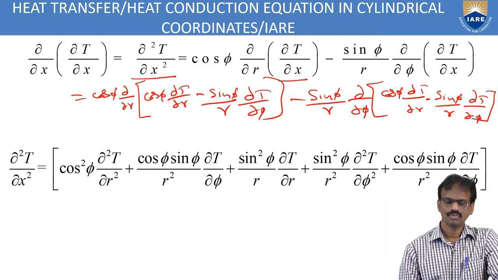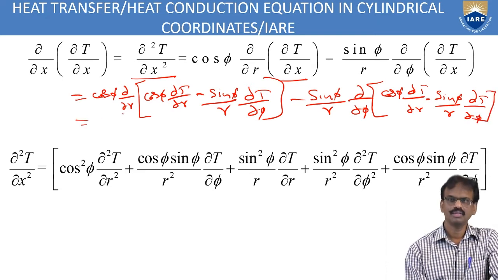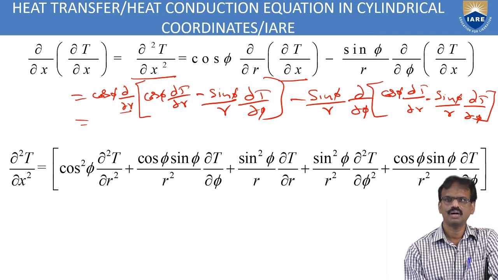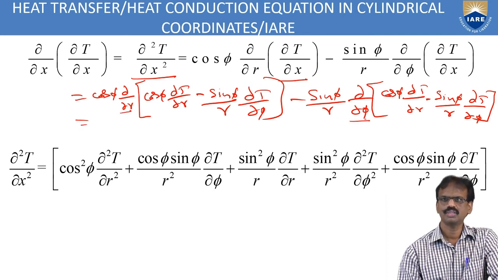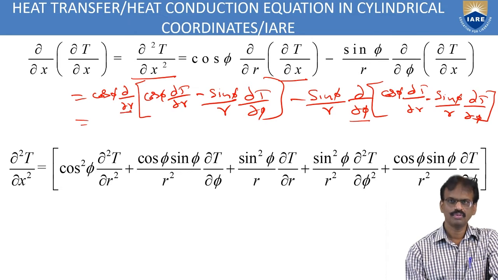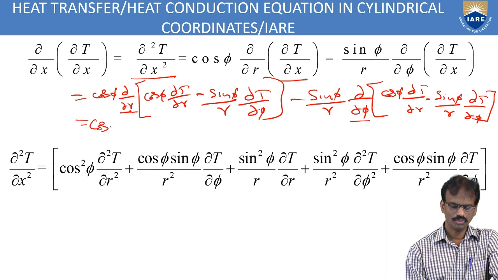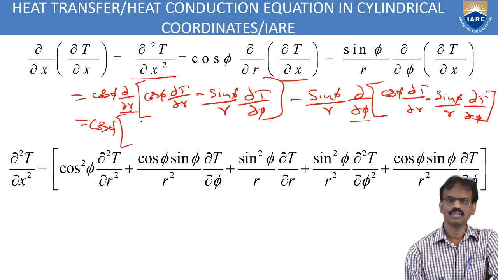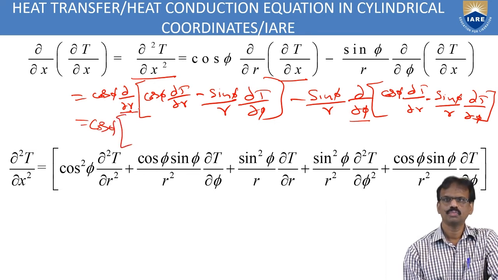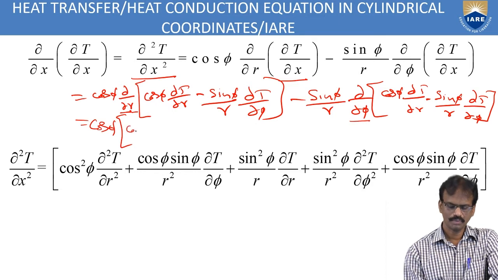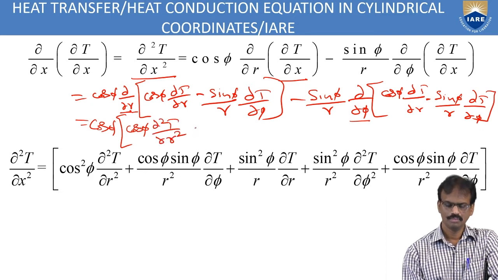Okay, so you have to differentiate here. You have to differentiate with respect to r here, and with respect to φ here. If you differentiate with respect to r, so cos φ into, so you will get the value. So ∂/∂r. So here cos φ you get, and ∂T/∂r, ∂/∂r, it means ∂²T/∂r² here, minus. Okay.